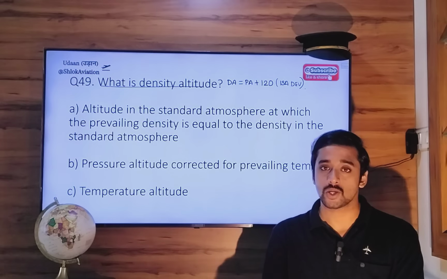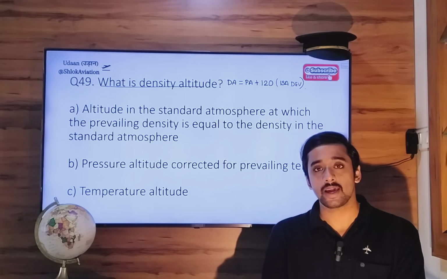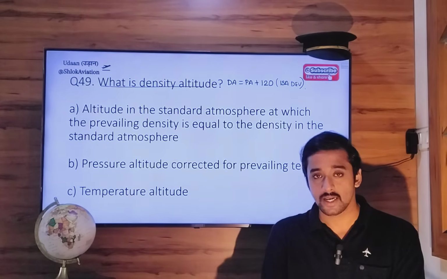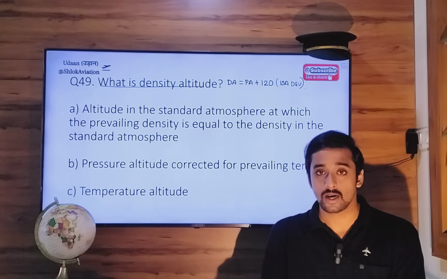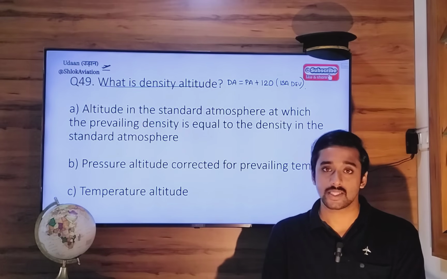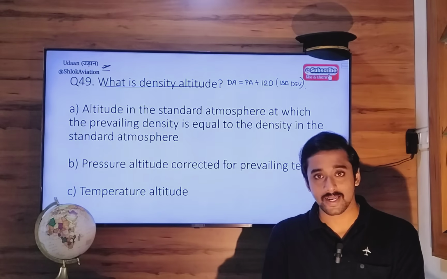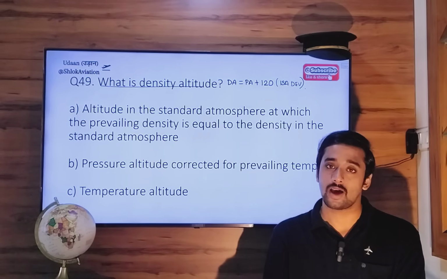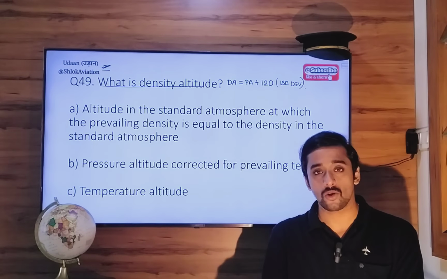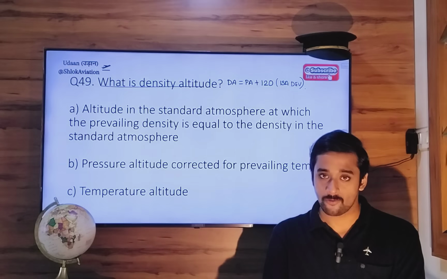Okay, not every time is a good luck. So we may be flying in conditions which are warmer than ISA, which are colder than ISA. We may be flying in an air mass whose pressure is higher than the standard pressure that is to be there, or lower than the expected pressure. So in such varying conditions of flying, the density altitude of your aircraft will be very much different from the actual pressure altitude of your aircraft.